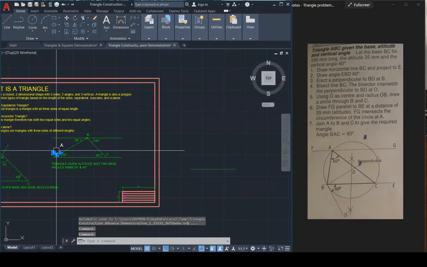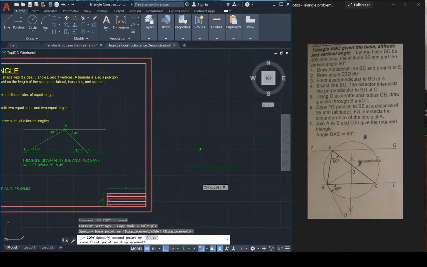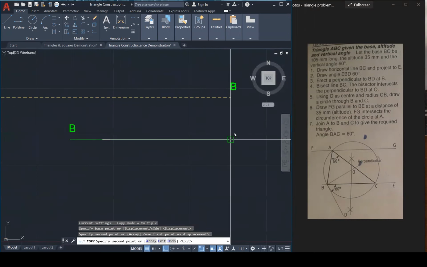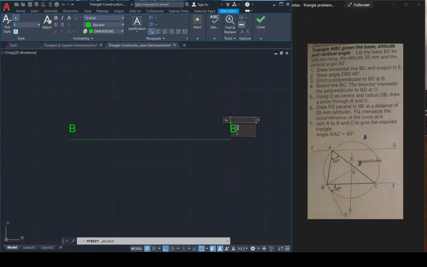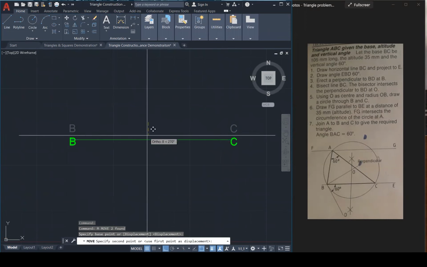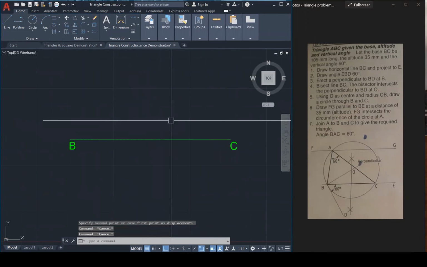Call it BC. So let me grab a text. B, C. Good. Now, let me just save this. Forgot to save. Cool.